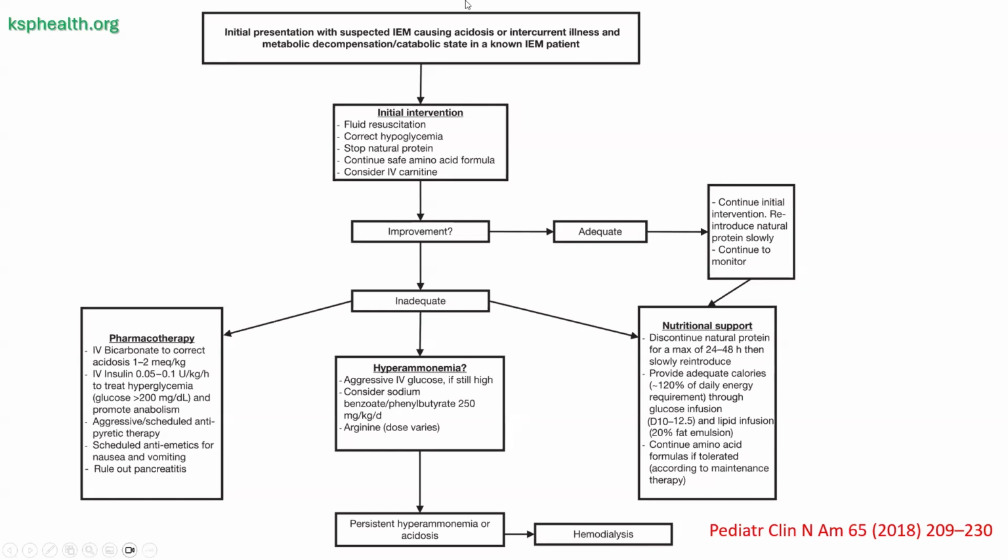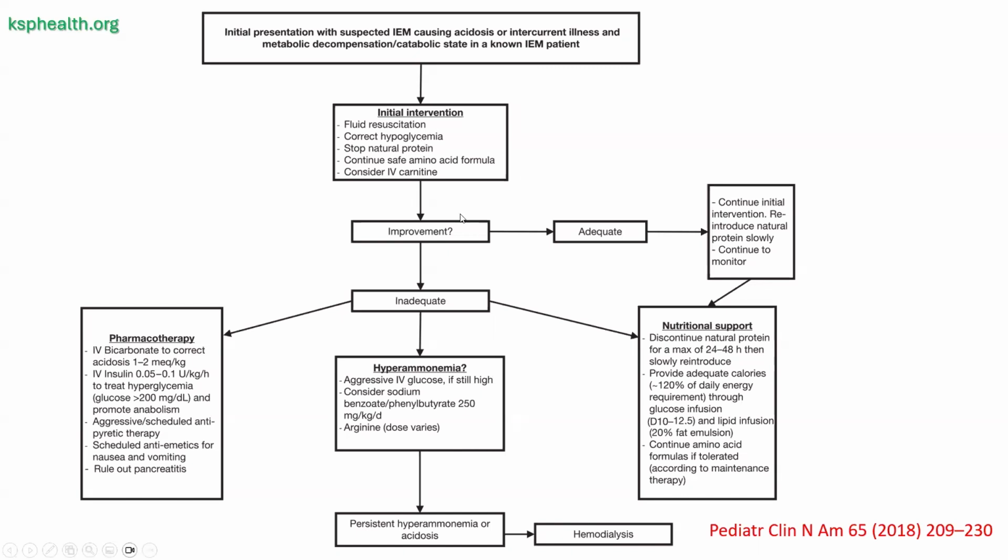So when there is an acidosis of unknown origin, number one, fluid resuscitation, correct hypoglycemia. If they present with hypoglycemia, stop natural protein. If the child is feeding, stop that. Don't feed if the patient is enterally fed. Continue a safe amino acid formula. I would say when they present with acidosis, I will stop all protein intake.